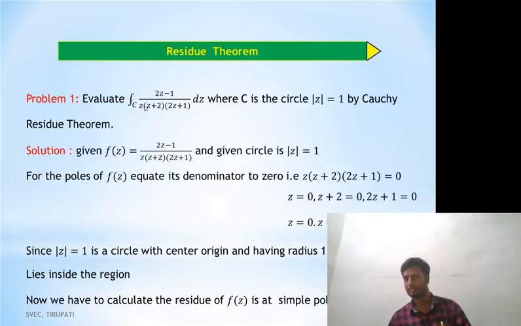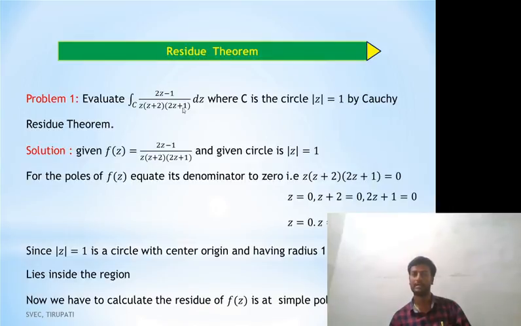Now substitute z equal to 0, it is less than 1, that means that point lies inside. For z equal to minus 2, the modulus is 2, which is greater than 1, so that point is outside. For z equal to minus 1 by 2, the modulus is 1 by 2, 0.5, less than 1. Therefore only two poles lie inside, which are 0 and minus 1 by 2.